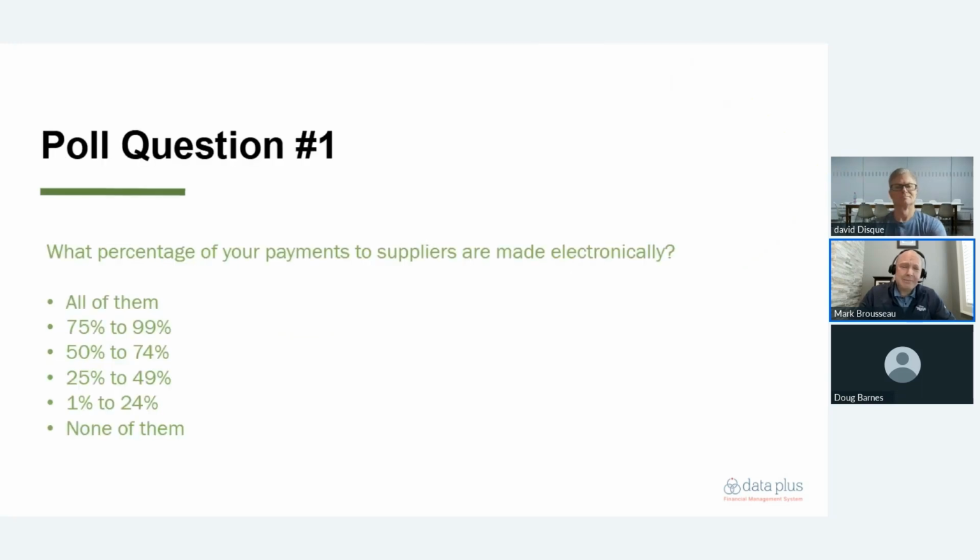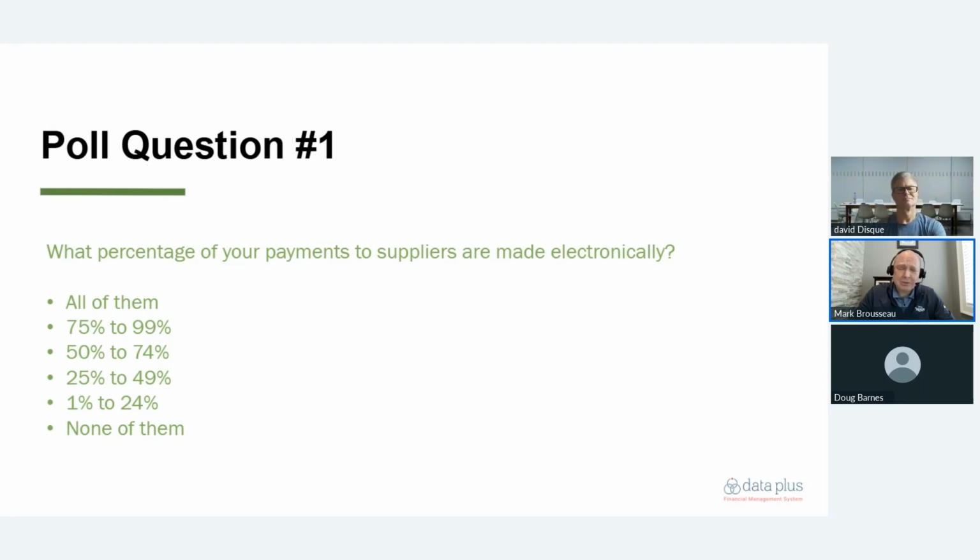But before we do any of that, we wanted to start with a poll question, which is now displayed on your screen. We want to know what percentage of your payments to suppliers are made electronically. All of them? 75% to 99% of your payments are made electronically. Between 50% and 74%.